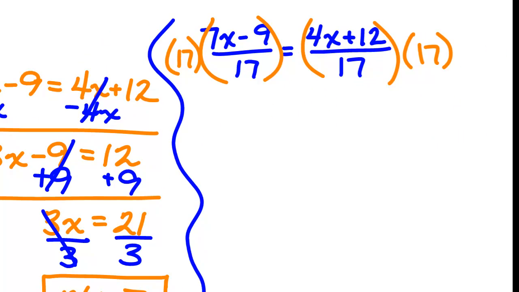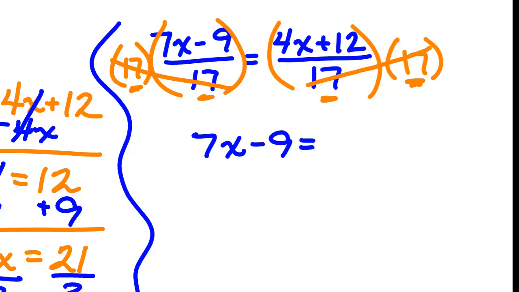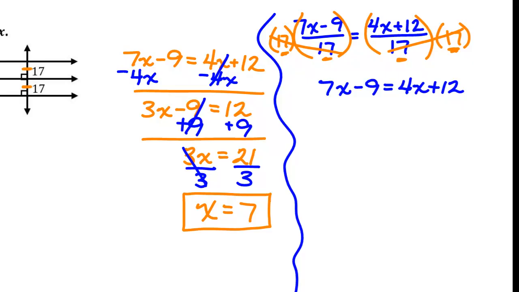And the first thing that I notice is that what I'm multiplying by matches both of my denominators. So those are going to cancel. And so I would have 7x minus 9 equals 4x plus 12. So you could set it up like that.